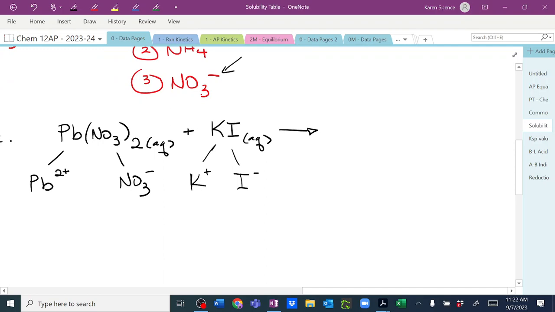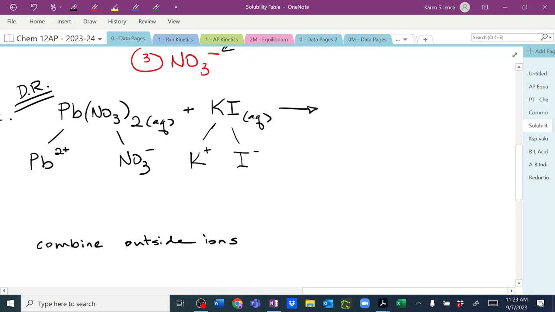To predict the products of a double replacement, we're going to combine the outside ions. So we're going to take the ions that are on the outside and we will combine them. So we're going to take lead and put it with iodide.